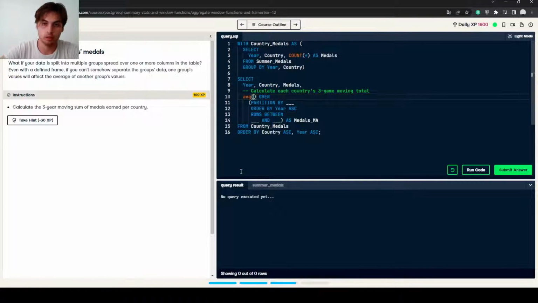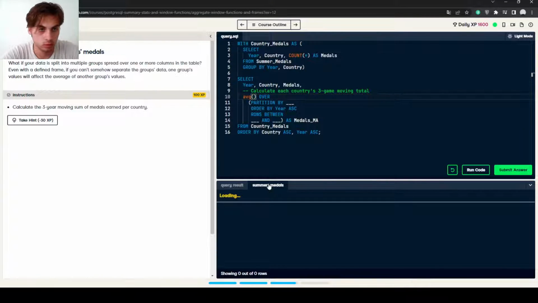Calculate each country. 3 games moving total.